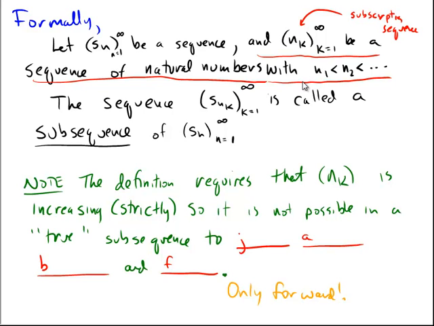So you have to make sure that you're going from left to right and you pull out whatever terms you want in order. Okay, this definition requires that the n_k is increasing strictly, right? n_1 is smaller than n_2, is smaller than n_3, etc. So that means that it is not possible in a true subsequence, even if this goes against maybe what you would informally think of as a subsequence, it's not allowed to jump around.